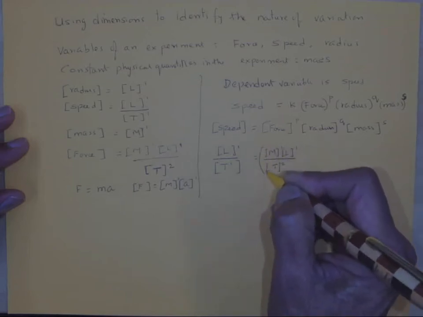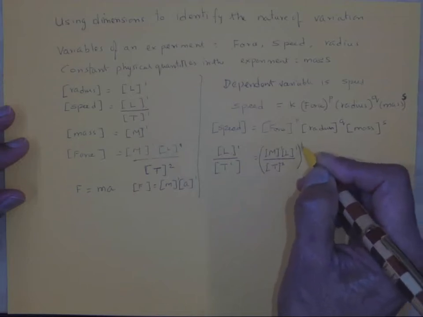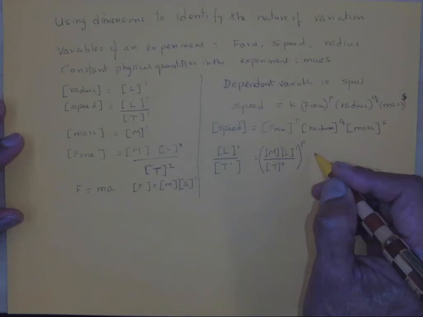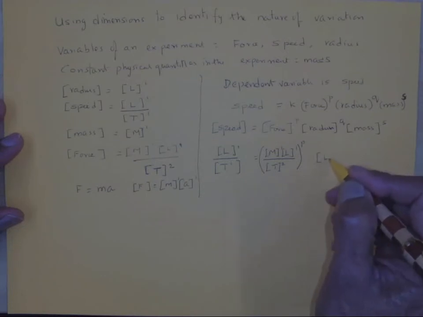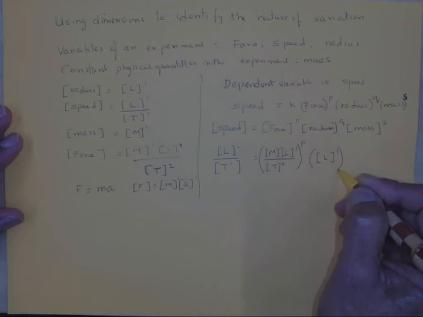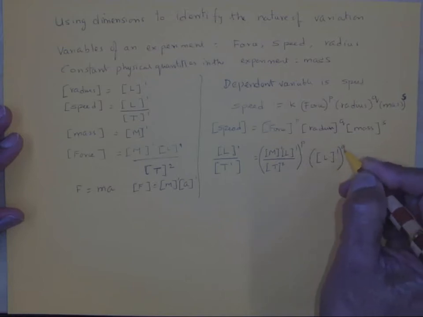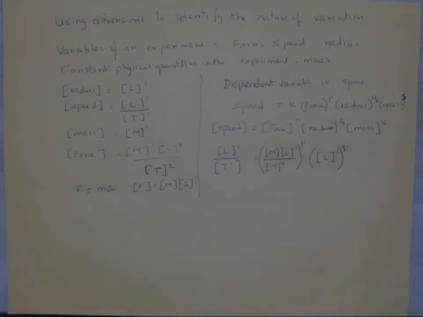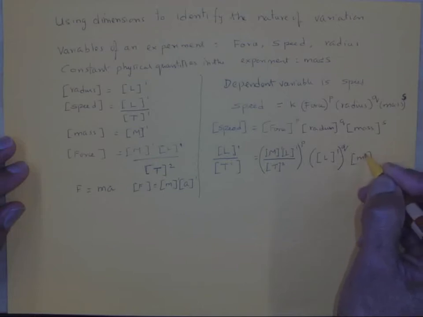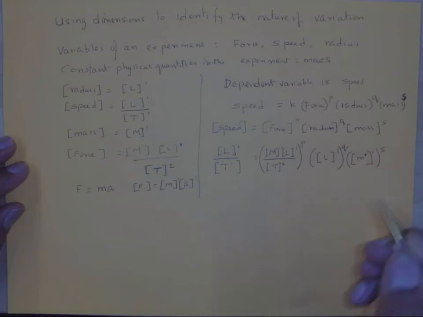However, the whole quantity is going to be raised to P. The dimensionality of radius is L raised to 1, and the whole quantity will be raised to the power Q. And the dimensionality of mass is M raised to 1, and the whole thing will be raised to S.